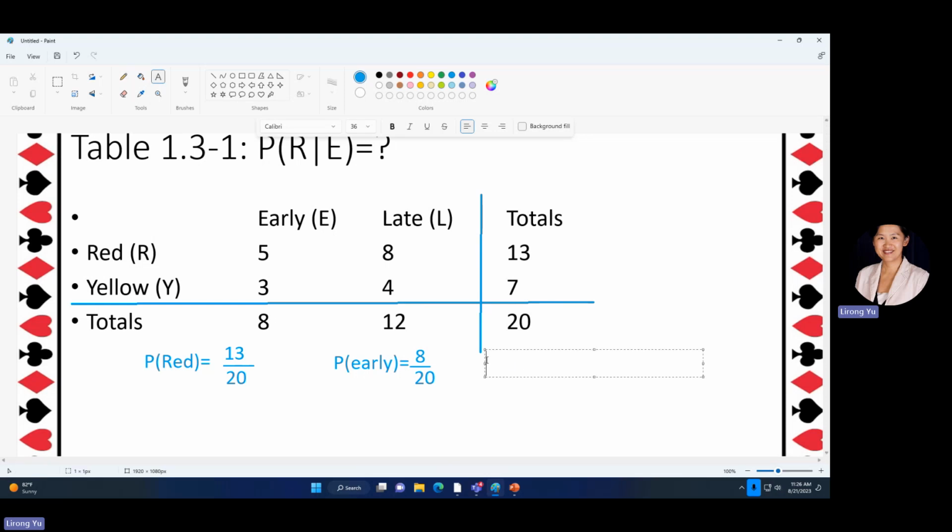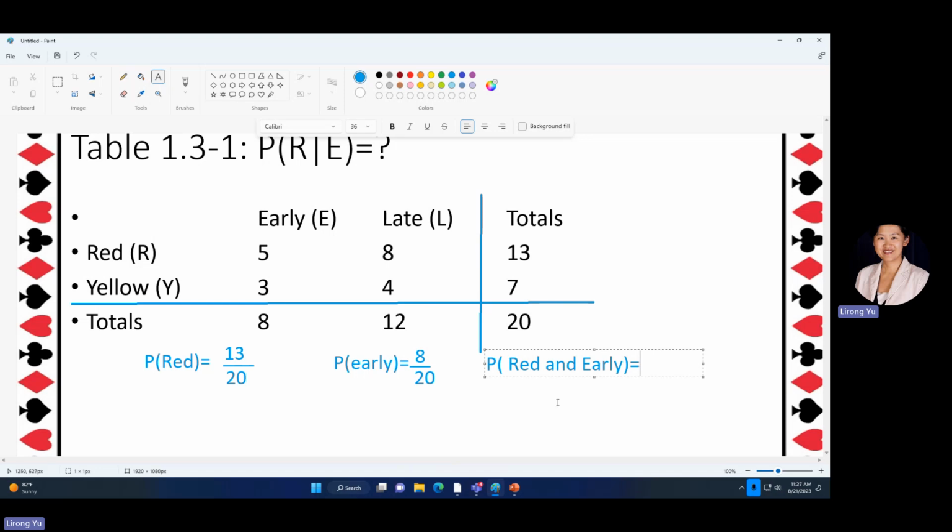So for example, if we want to calculate the probability of red and early, if you want to find the probability of a joint event, that's why you use an individual number, because all these individual cells have column information and row information, and the frequencies that we provide are actually the frequency for an event.